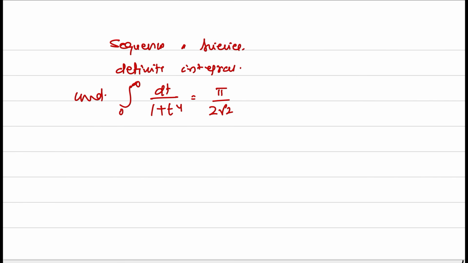This is a very important value which you have to remember. Otherwise, you have to derive this value in the examination, which takes a lot of time. Certain definite integral values, it is better to remember them. Standard values. You need not repeatedly solve them in the examination, because it is a sub-part of the question. Now, using all these values, we got the value of a.